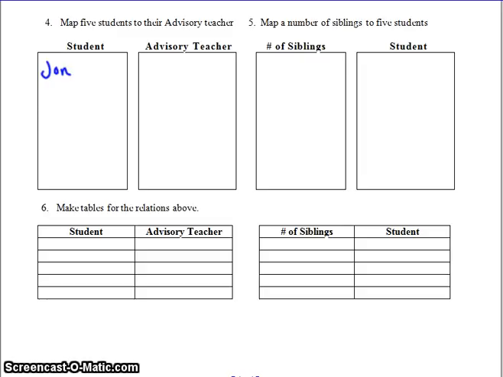I'm going to make up a name, John, and their advisory teacher is Mr. Blythe. So I'm going to take John and map him to Mr. Blythe. Now they might have another advisory teacher. You might have other people with different advisory teachers. Make sure you fill them out. You're going to write 5 names down, and map them onto their advisory teacher. Don't use my example.